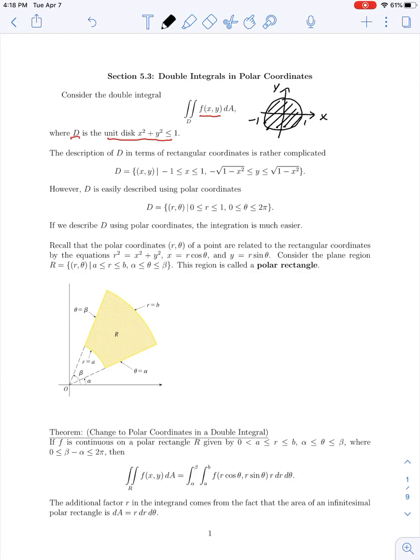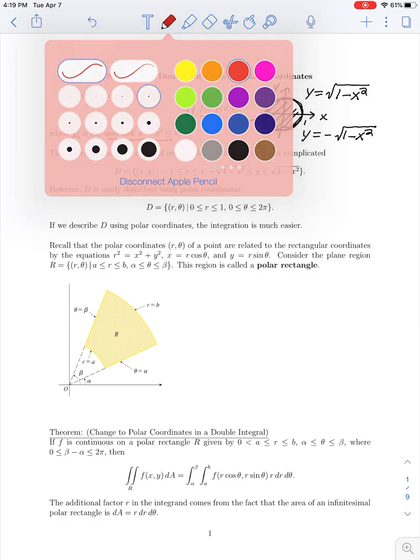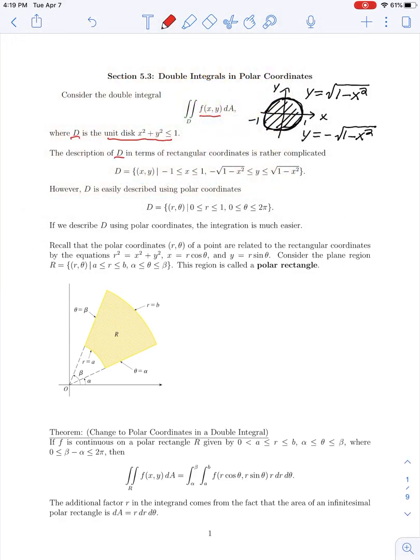We see that the range of x values can go from -1 to +1, and this disk is bounded above by the upper half of our circle, which is given by the function y equals the square root of 1 minus x squared, and it is bounded below by the lower half of our unit circle, which is y equals negative square root of 1 minus x squared. So here the description of our region D in terms of rectangular coordinates is a little bit complicated.